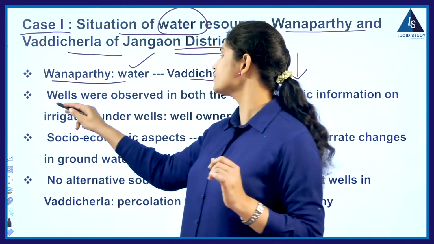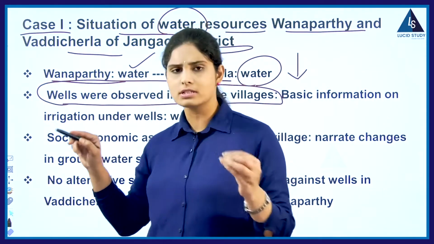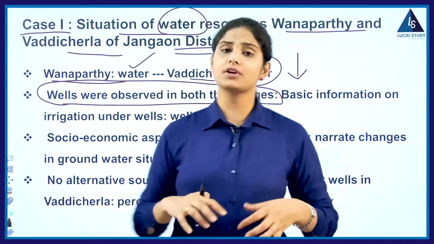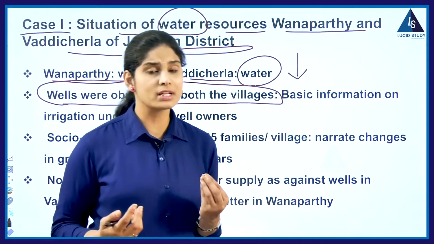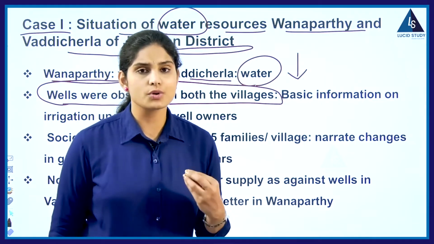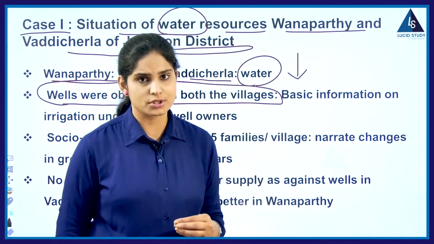Wells were observed in both the villages, right? The village people gathered a lot of information regarding the wells that are available, because the primary source of irrigation is wells.